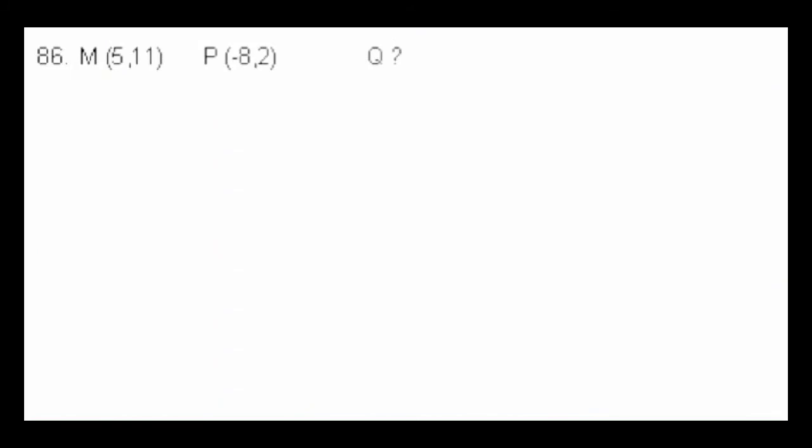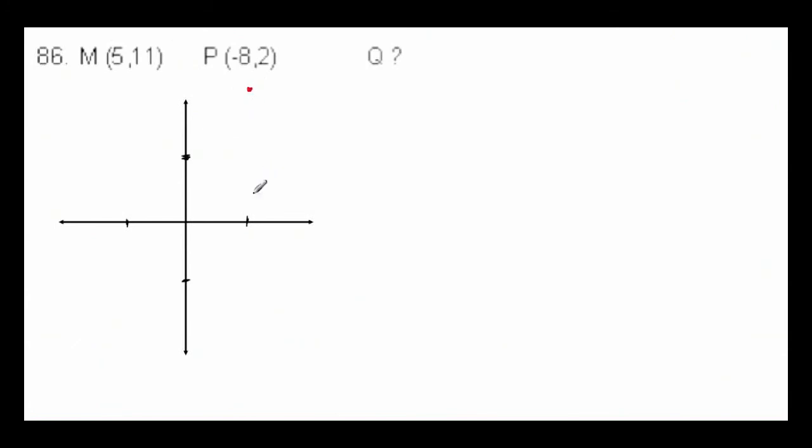Okay, number 86. So let's draw this first. Here's our coordinate plane. See if we can do a better job of estimating this time. My midpoint is over 5 and up 11, so somewhere right about here.